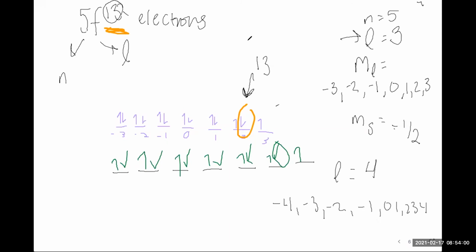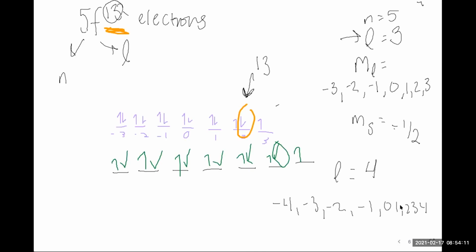Let me write more notes so you guys can have. I have a quick question. Yeah. So for MS, it's either positive or negative 1/2. Right. And remember, the last electron that we fill out in that orbital tells if it's positive or negative. So if it's facing up, it's positive 1/2.